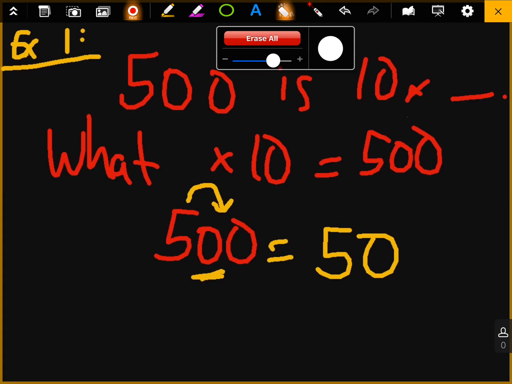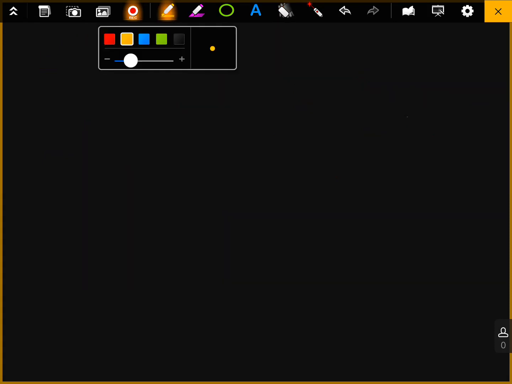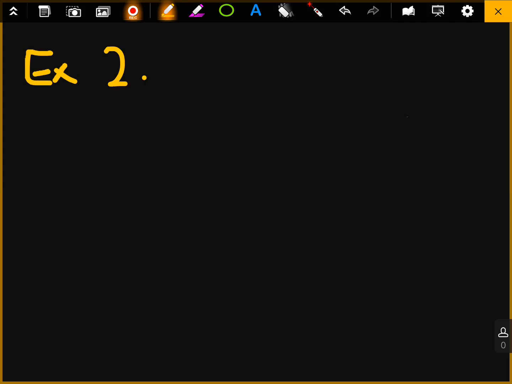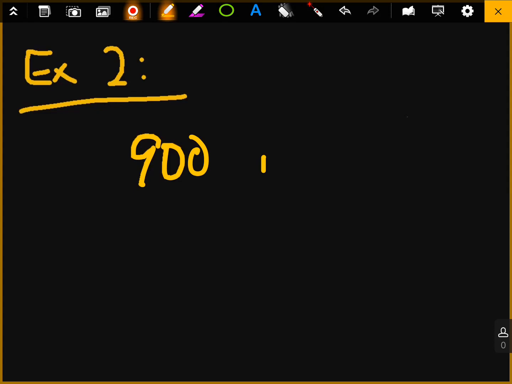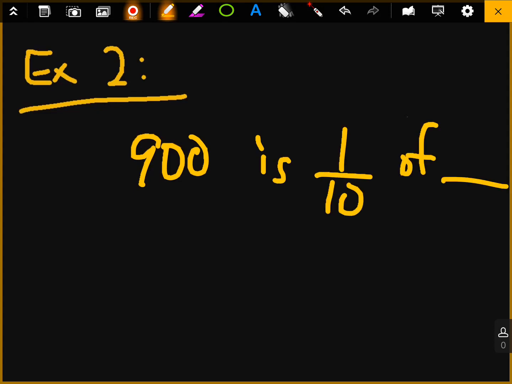All right, pause that or rewind it if you need clarification, but we're going to go ahead and do example number 2. It's going to say something like 900 is 1/10 of what? And this is basically the opposite now. They're saying, okay, what is 1/10 of 900?